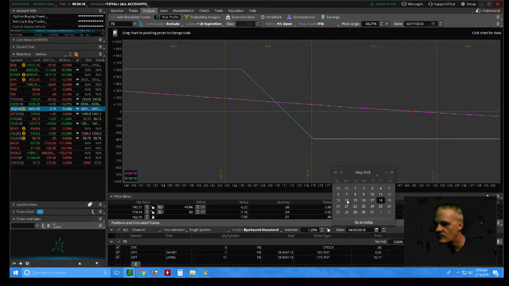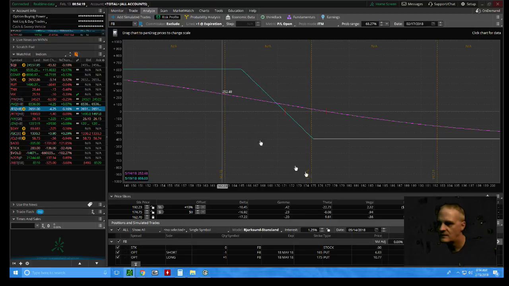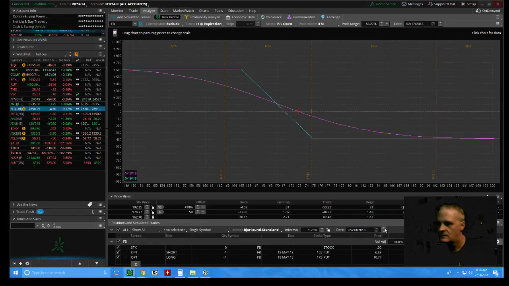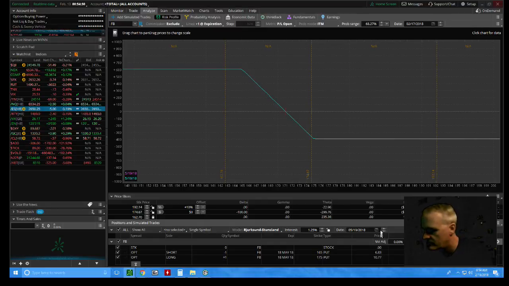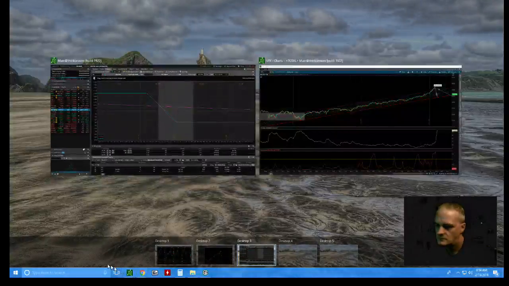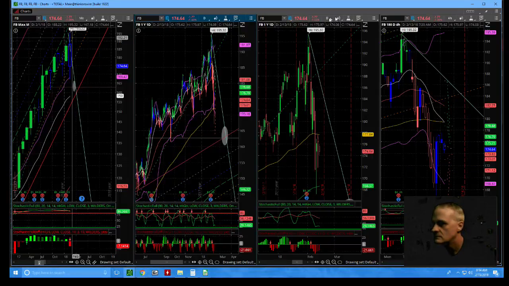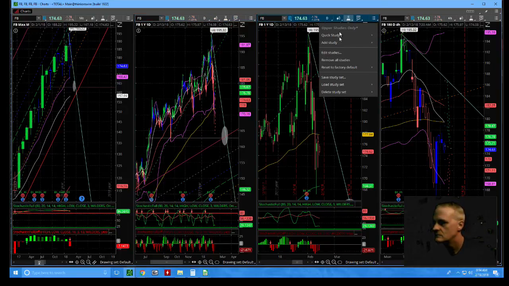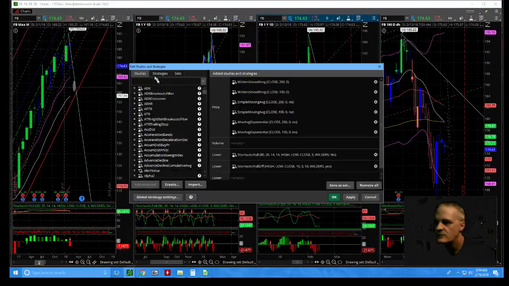So when you get to, like, here, the 14th, you can see. And what is volatility on Facebook doing?